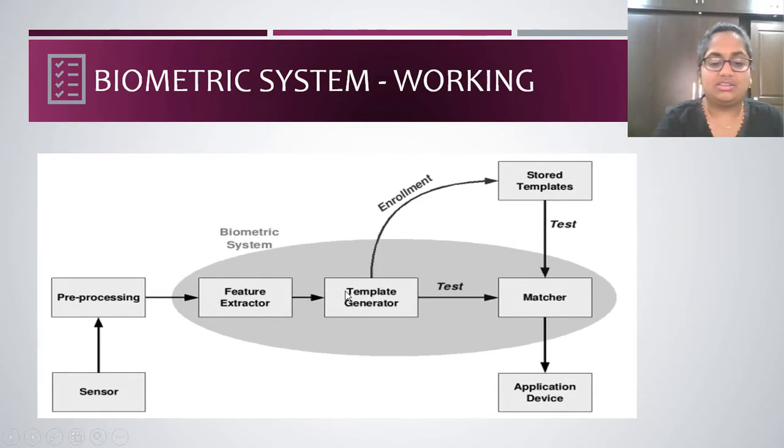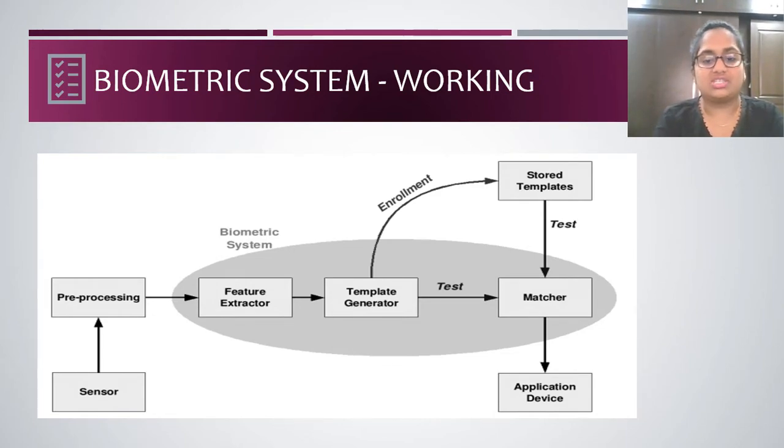The technique involved here is called normalization. From the feature extractor stage, it then enters the template generator stage. The template generator normalizes all the values of the given input image and converts the spatial domain to frequency domain values.